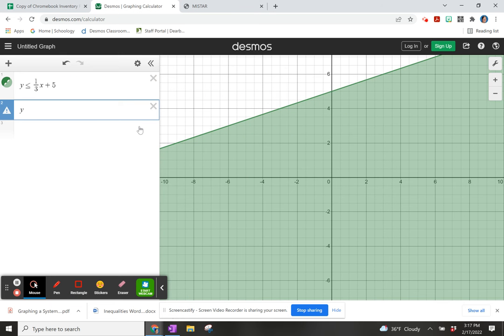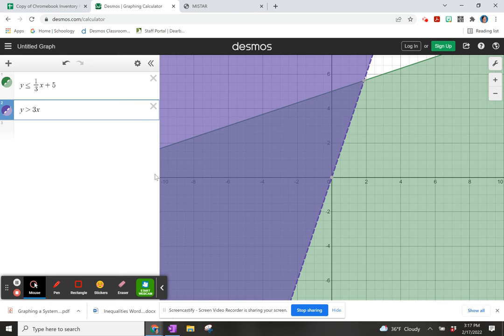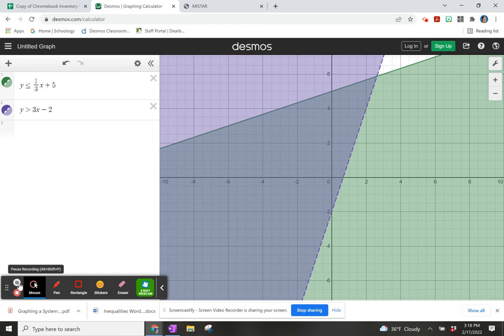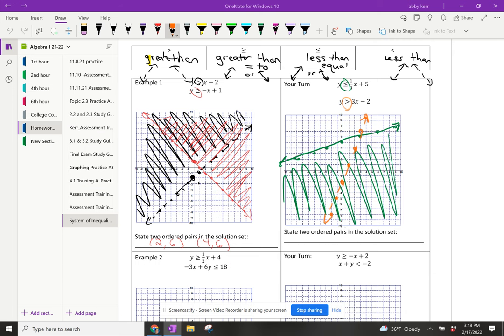So then it's y is greater than 3x minus 2. Notice that Desmos does the dashed line too, and it also does the solid line. And then I'm going to shade above. Now any ordered pairs, like -2, 1, -3, 1, that's in the double shaded region, is going to be your answer.